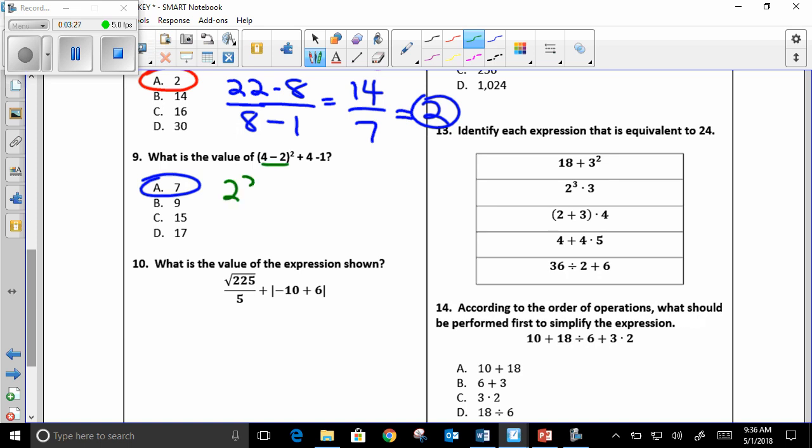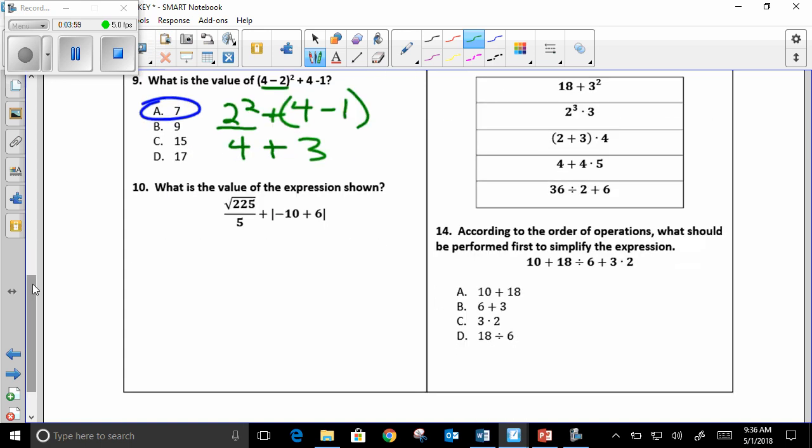So you're going to get 2 squared plus 4 minus 1. 2 squared is 4 plus 4 minus 1. What did you get? So you could actually do that, right? Which is 4 plus 3, which equals 7.